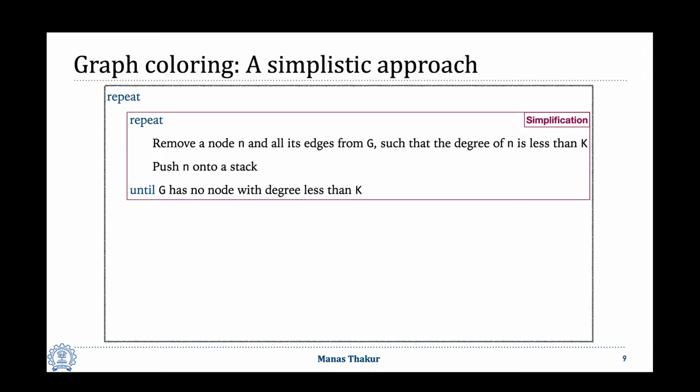Because if a node has a degree higher than the number of registers I have available, what does it mean? It interferes with so many variables. That means all of these, me and my neighbors, cannot be assigned registers together. I interfere with all of them, and the number of variables I interfere with is more than the number of registers, which means I am a troublemaker for a register allocator, right?